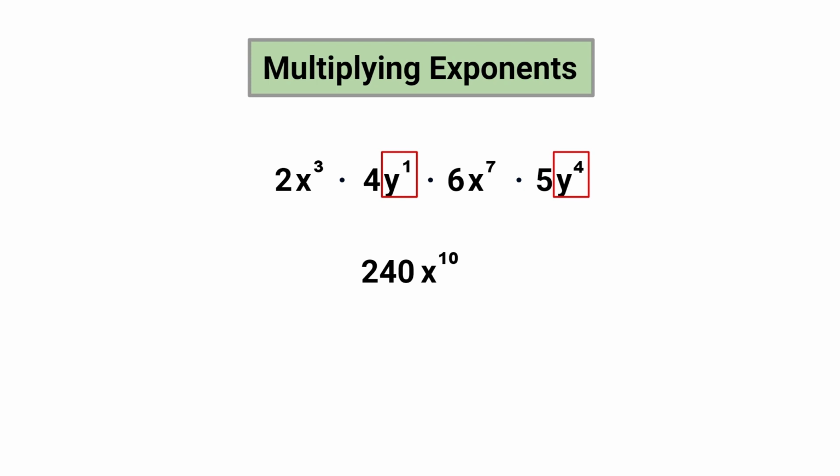But in this case, I'll write the number 1 to demonstrate what we're adding. And again, since we're multiplying several copies of the same base, which is the variable y, we can simply write one term with the base y and take both exponents and add them together. So I'm going to add the exponents 1 and 4, which equals 5. And that's it. We've done everything that needs to be done to simplify the expression.